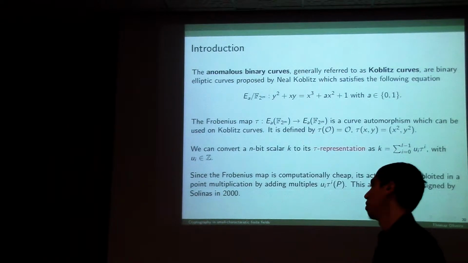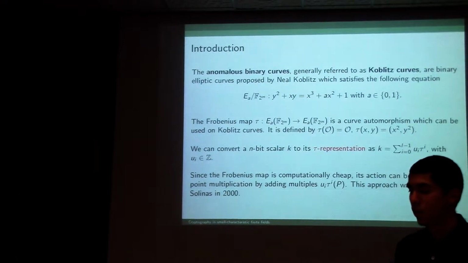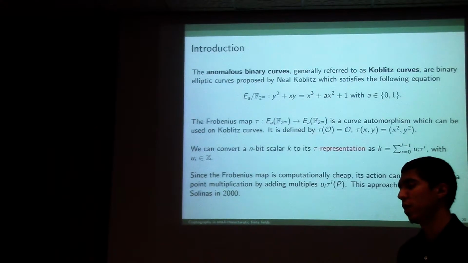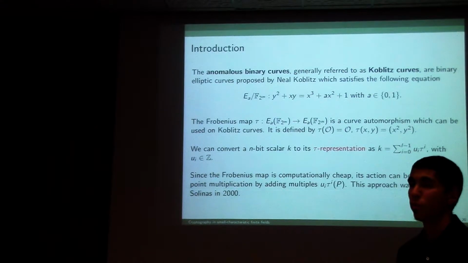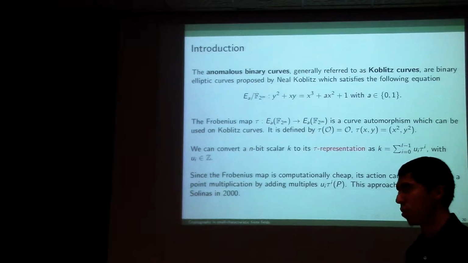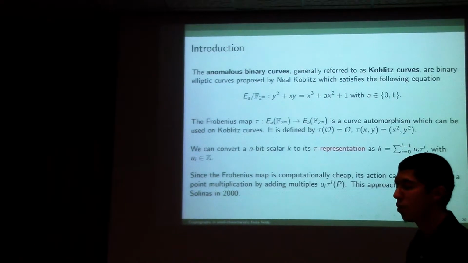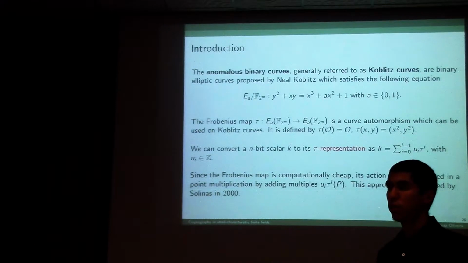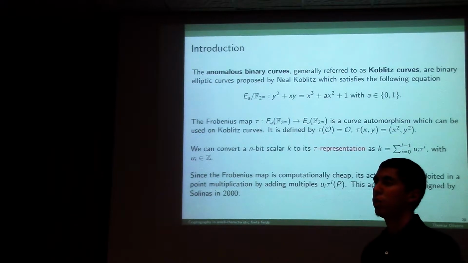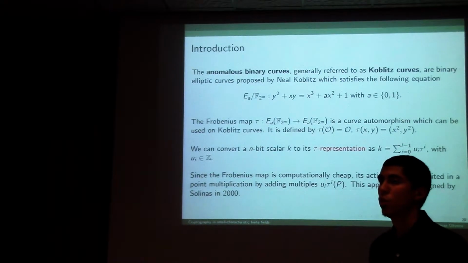So maybe you need this group to be 2 times a big prime or 4 times a big prime. So A equal to 0 or 1 needs to be chosen, for certain fields, in order to generate these group orders.